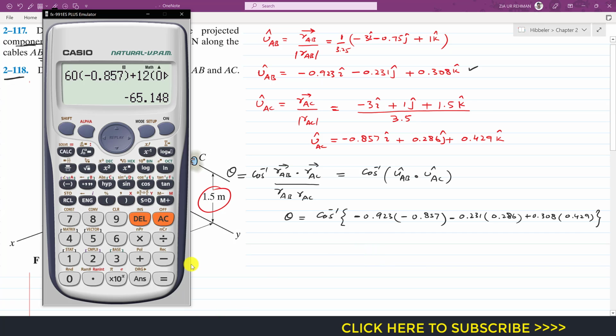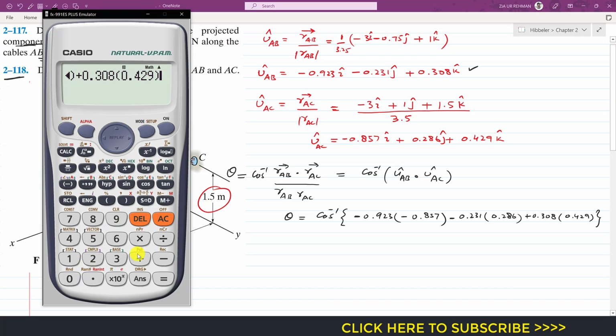So we can find it using a calculator. So this is minus 0.923 into minus 0.857 minus 0.231 into 0.286 plus 0.308 into 0.429.